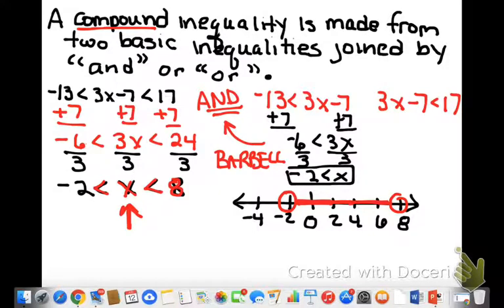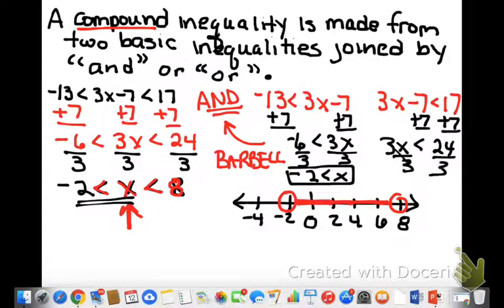And that's what we had over here. Then on this side, if we add 7 to both sides, 3x is less than 24, divide by 3, we end up getting x is less than 8, and that's what we had there. We have one more example to look at.